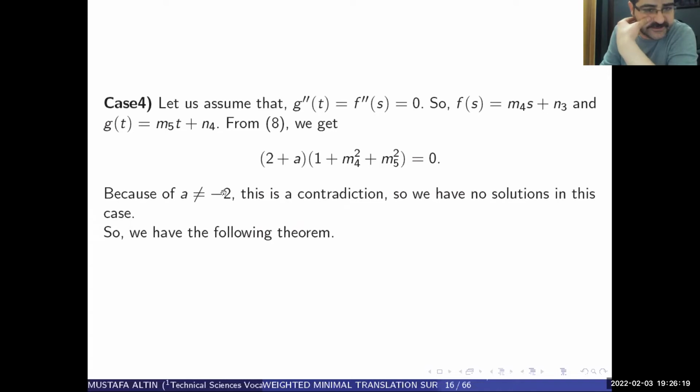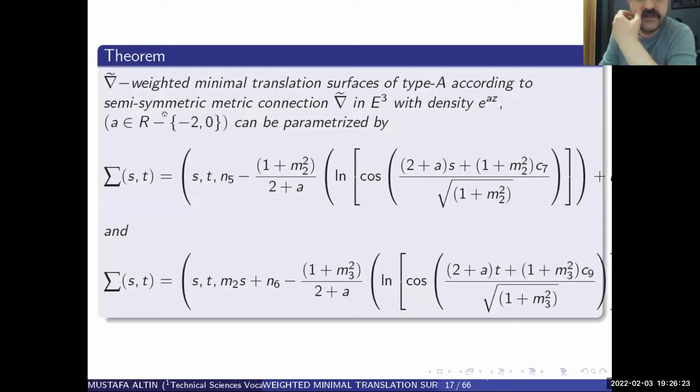So we have the following theorem. The weighted minimal translation surface of type A according to the semi-symmetric metric connection in Euclidean three-space with density e^{az}, where a is a real number different from minus 2 and 0, can be parameterized by this surface or this surface.